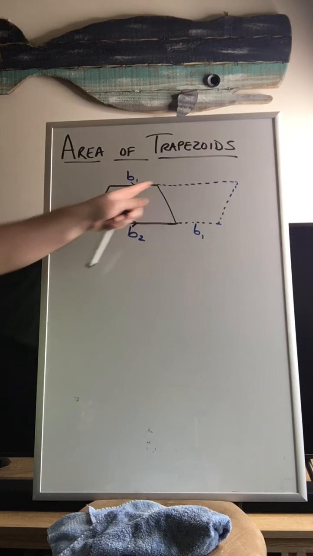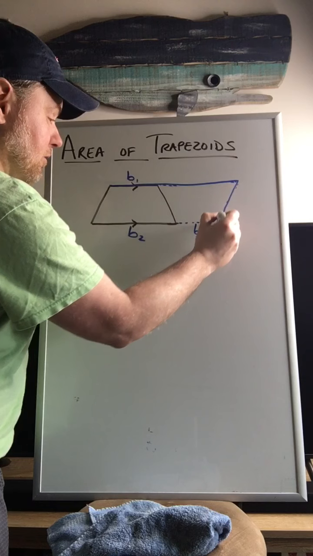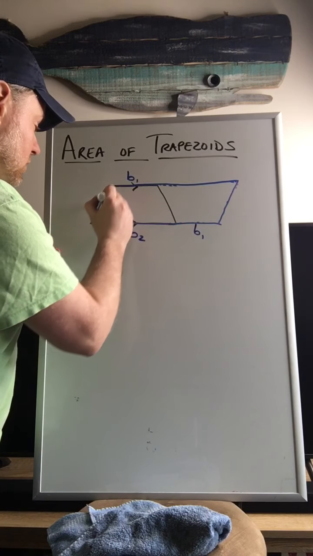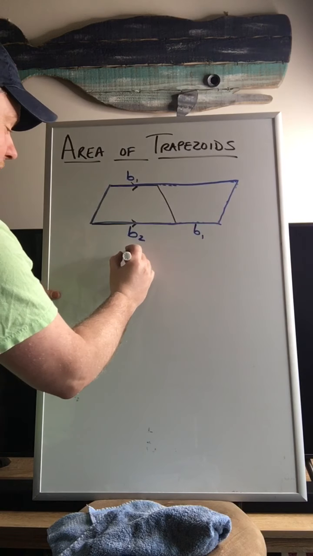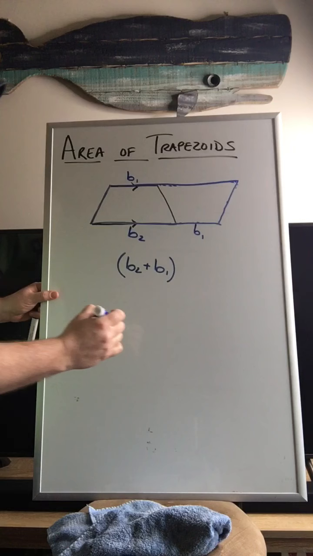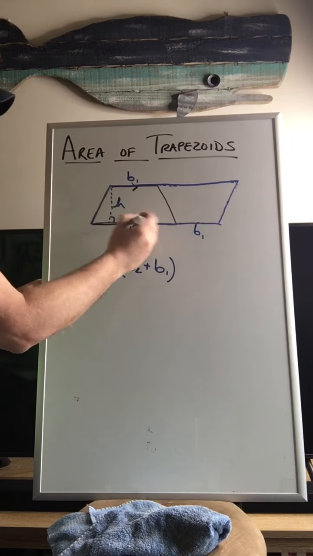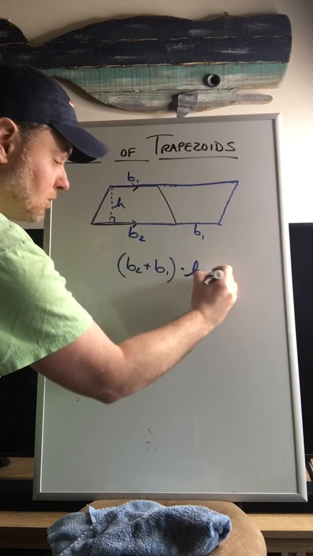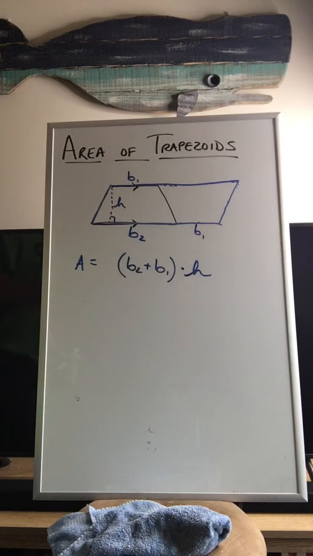So if we were going to find the area of this parallelogram here, we would need to get this long base, which we would get by adding base 2 plus base 1. And then we would multiply by whatever the height is, right? That's how we would find the area of that parallelogram I drew.